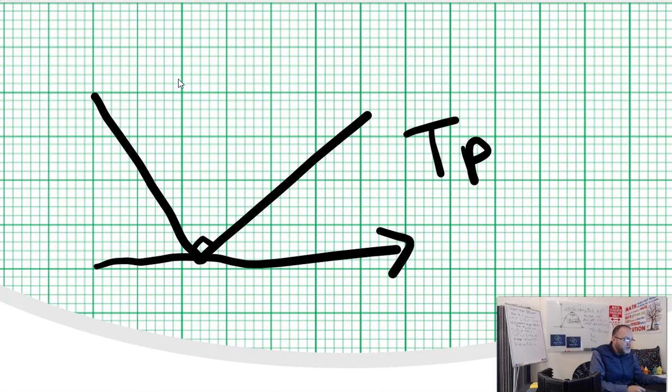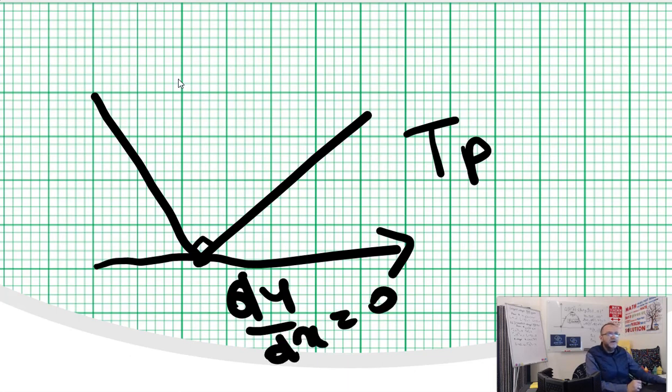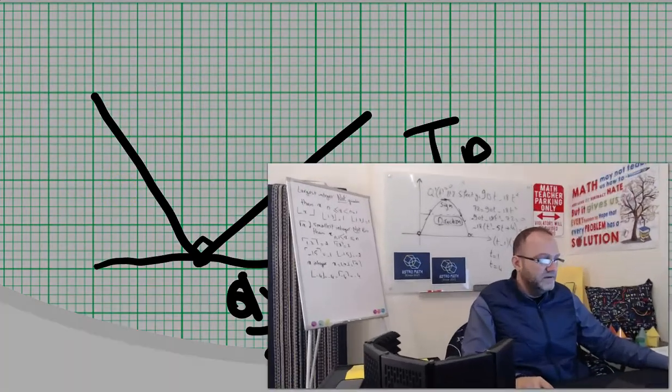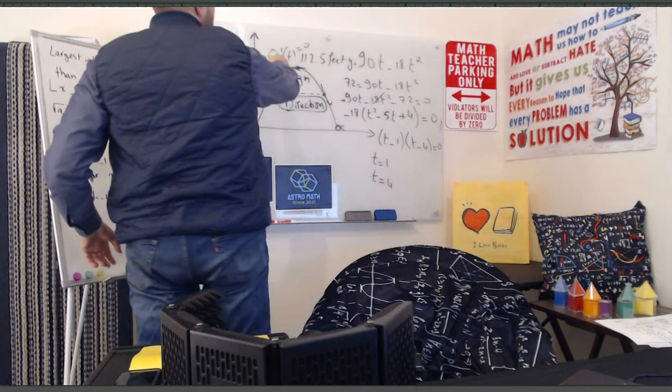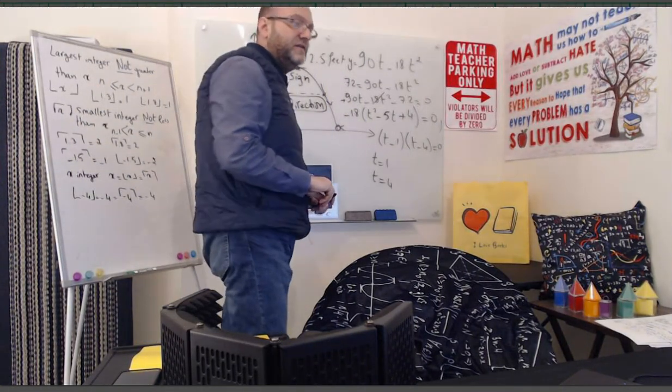However, it's not stationary in math, meaning the derivative at that point is not differentiable. We cannot make dy over dx equal 0 here, okay? But in our example that we gave on the board, yes, we can make dy over dx equal 0 right here, and we put it as q prime of t equals 0. And with this, I conclude.